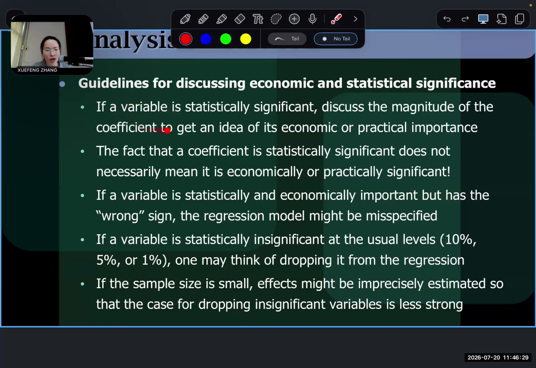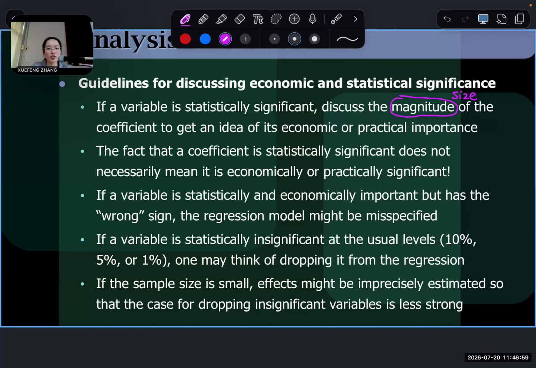The first one: if it's significant, you also need to check the size of the effect, which is the magnitude. So if it's statistically significant, you also need to check the size, not just the fact that it's non-zero.